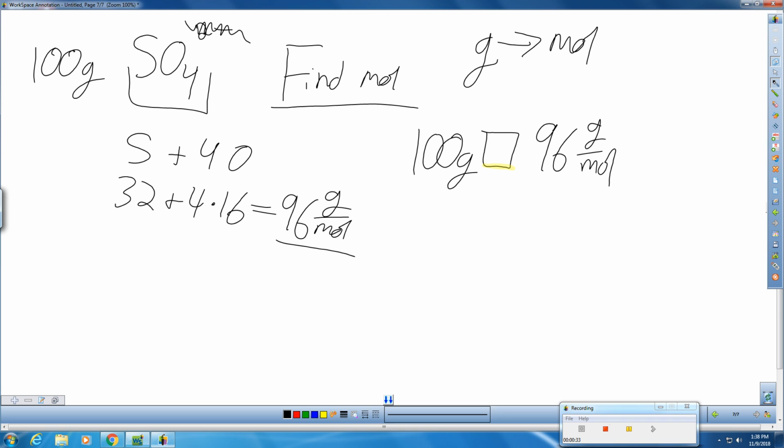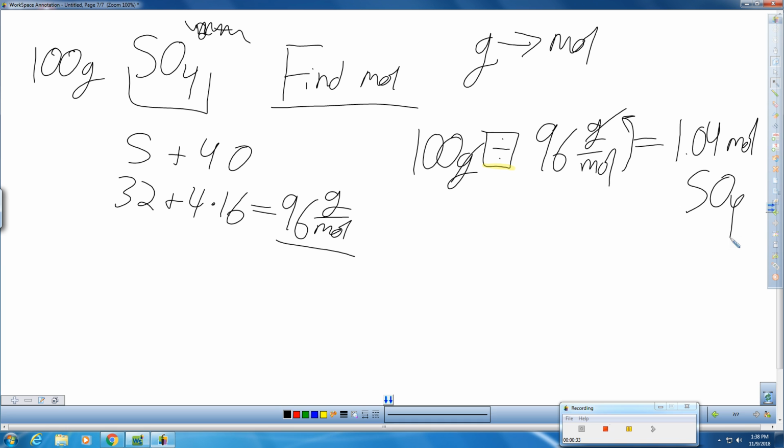Divide. So grams and grams cancel. I wind up with slightly more than 1, 1.04. What are my units? Moles, because the mole flips up to the top when you divide. So I have 1.04 moles of sulfate. Cool. That's how you do it backwards.